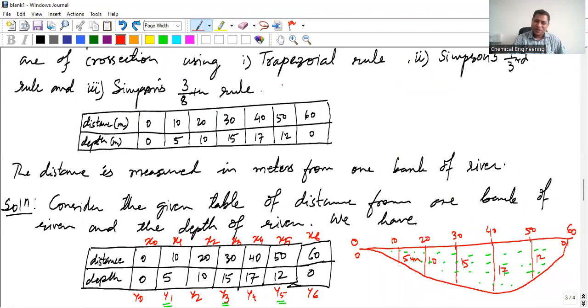Multiple of 3. Is 8 a multiple of 3? No, sir. So that means we cannot have n is equal to 8. It will be good for the trapezoidal rule and Simpson's 1/3 rule, but Simpson's 3/8 rule will not be applicable if we have n is equal to 8.